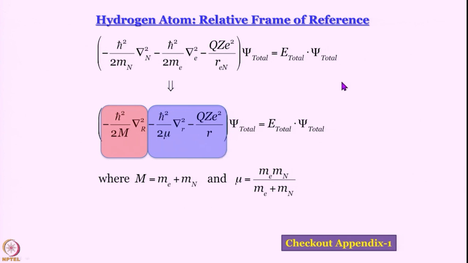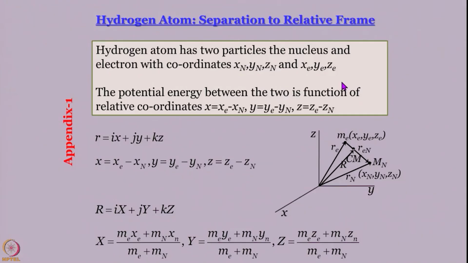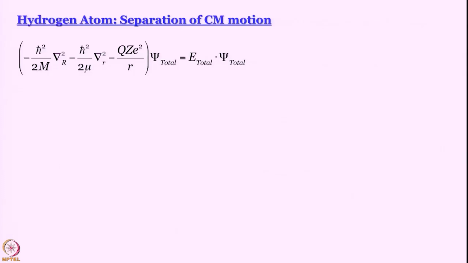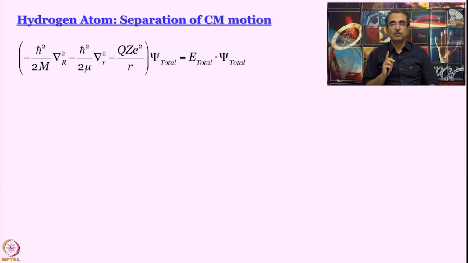Now, how do we separate? We separate in this manner. First of all, this separation is done in this way. I am not going to talk about it. Whoever is mathematically inclined is welcome to go through all those. We do not really need to do this, let us take it axiomatically. So, we have got two equations.